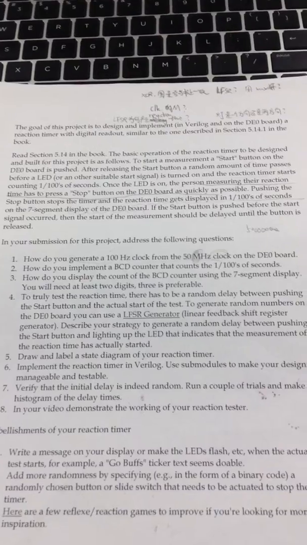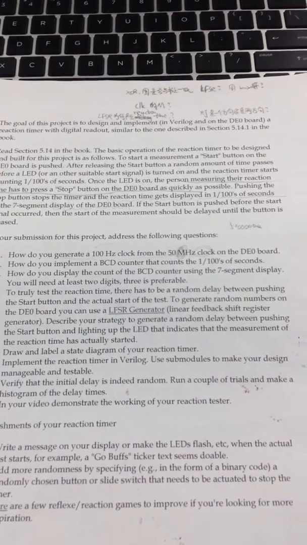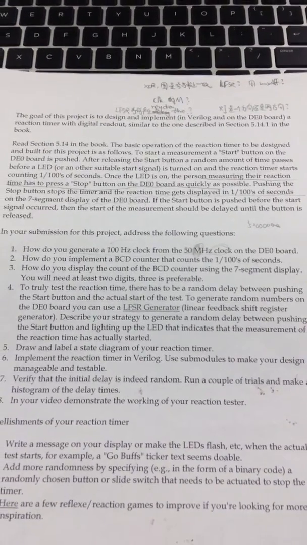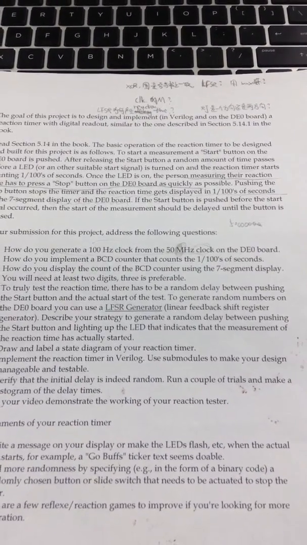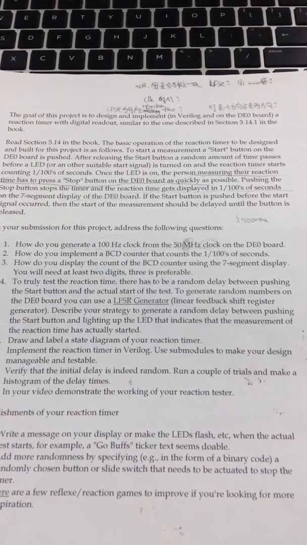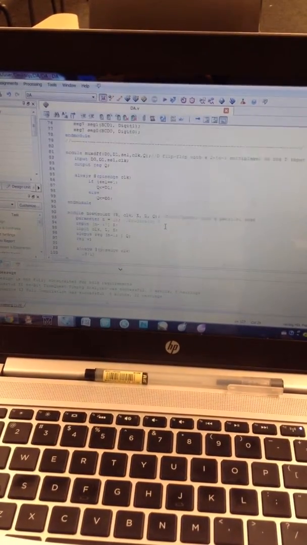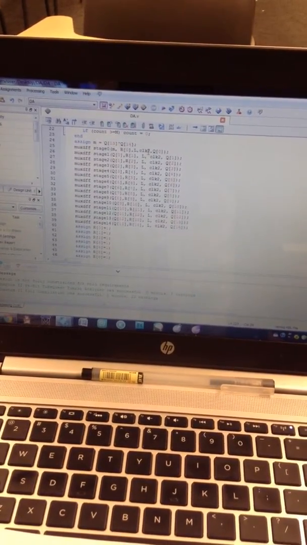And then to truly test the reaction time, there has to be a random delay between pushing the start button and the actual start of the test. So here, to calculate the random counter, we will use this part of code to do the random counter and set the original value equal to 1.